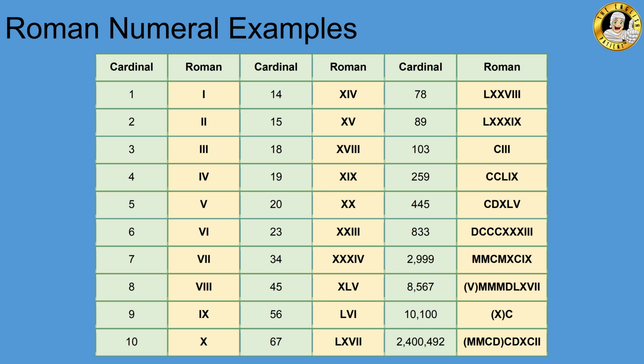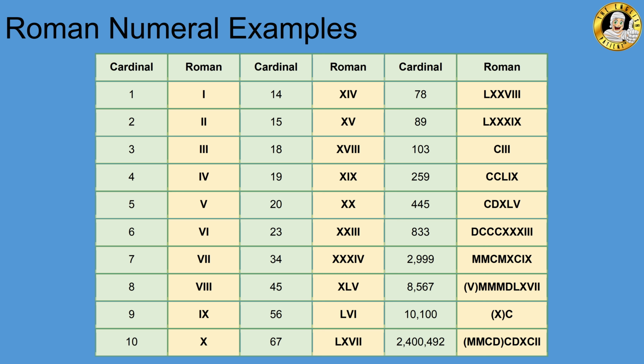8,567. Now we're looking at larger numbers, and in this case now I need to use brackets, parentheses, to multiply. So in order to get 5,000, I need actually to multiply V by 1,000. So open bracket, V, close bracket, that's 5,000. MMM, 8,000.